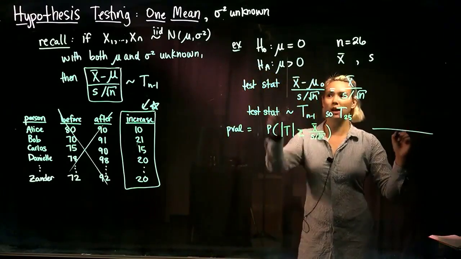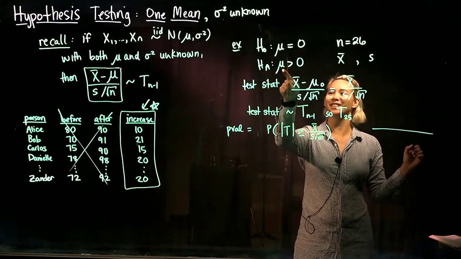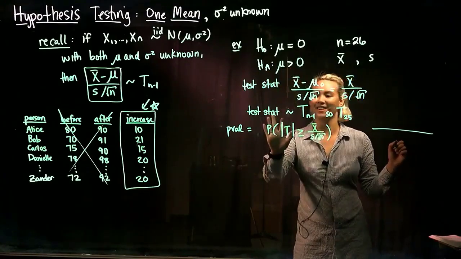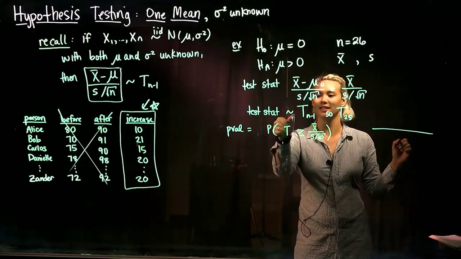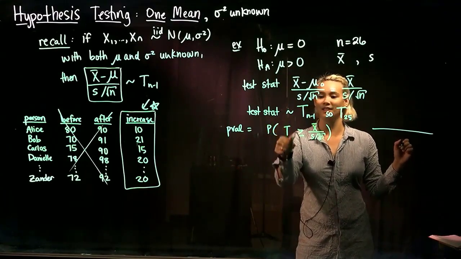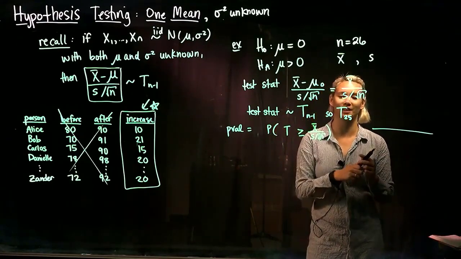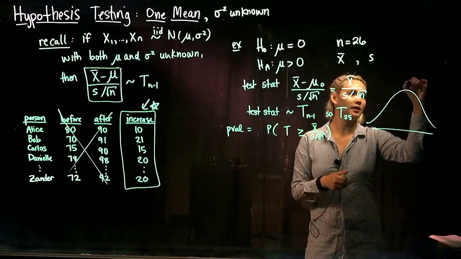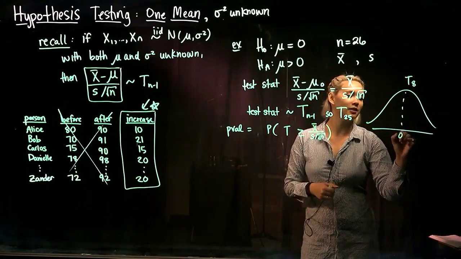Since the alternative is mu greater than 0, we're just going to look at the probability that our test statistic is greater than or equal to our particular test statistic. So here's our t-distribution with 25 degrees of freedom. It's centered at 0.